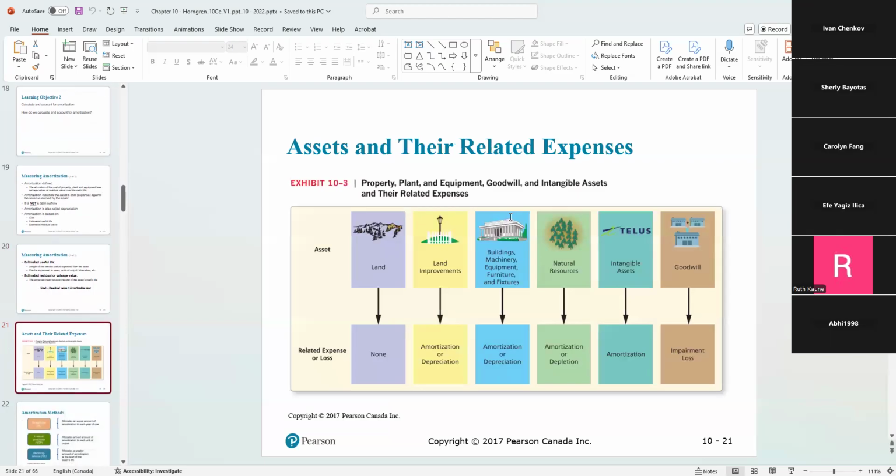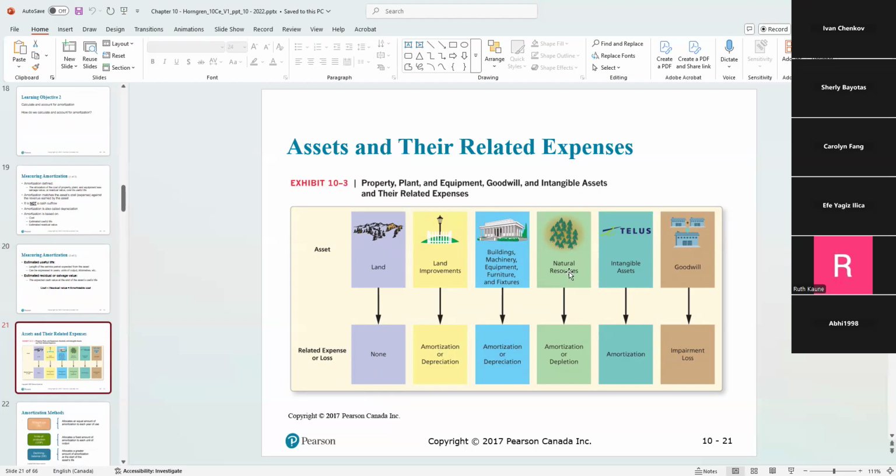So let's see now. Different assets, different amortizations. First one, land, no amortization. Land improvement, amortization. Building, machinery, equipment, furniture, fixtures, amortization. Natural resources.